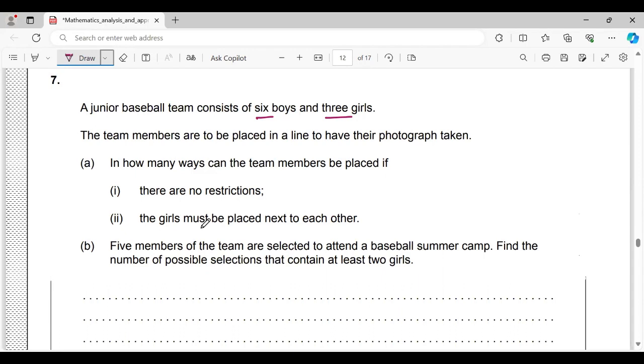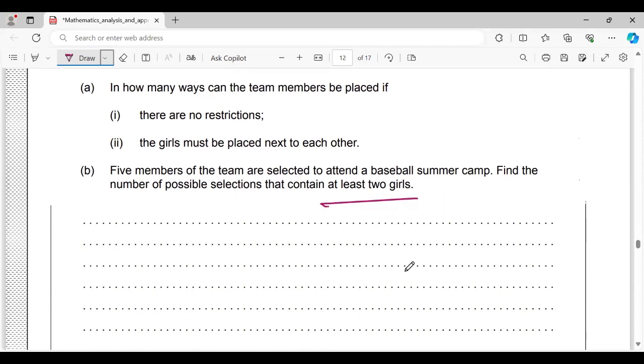The girls must be placed next to each other. 5 members of the team are selected to attend a baseball summer camp. Find the number of possible selections that contain at least 2 girls.